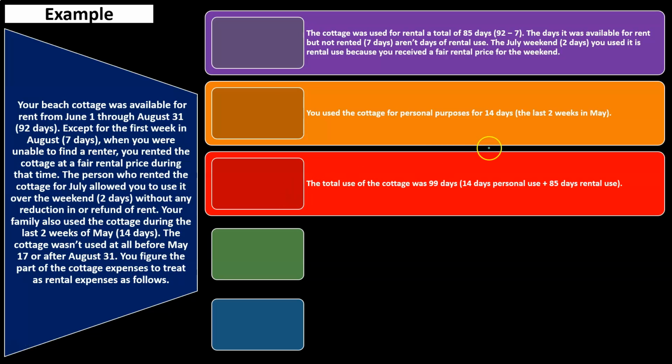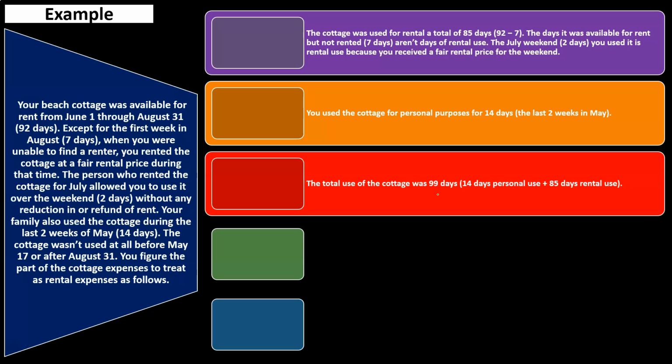Notice we're not just taking the denominator at the 365 days. We're calculating the personal days used. We used it for personal use for 14 days, so if we add that together, we get the 99 days of use for the year. It would be nice to have a lower denominator rather than just using 365 days.